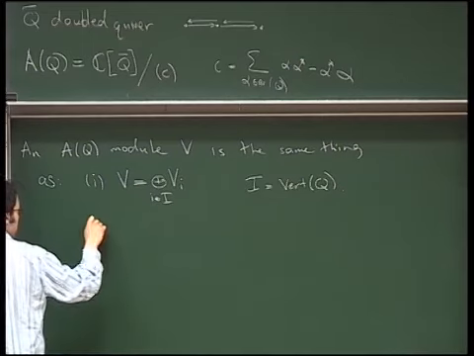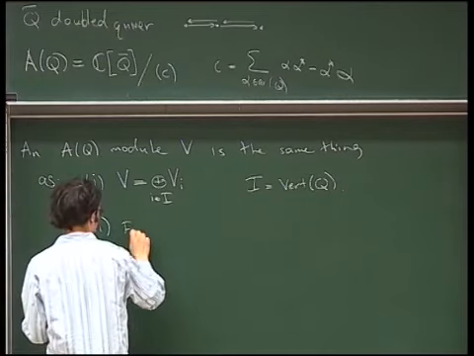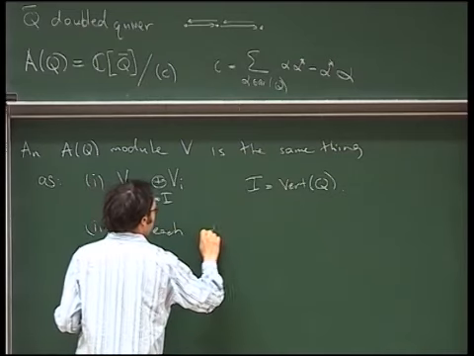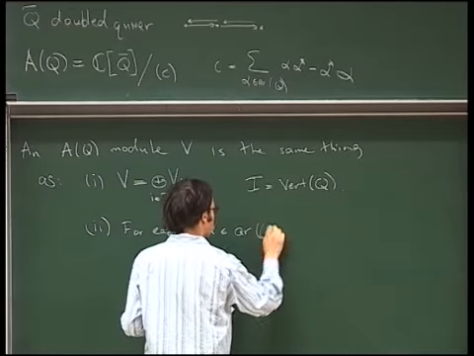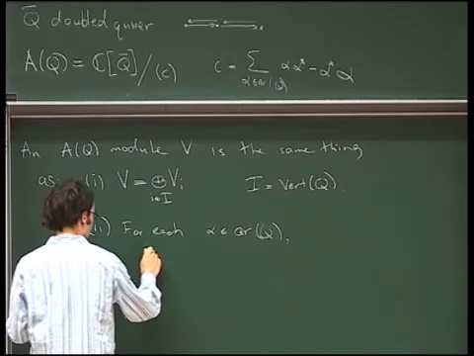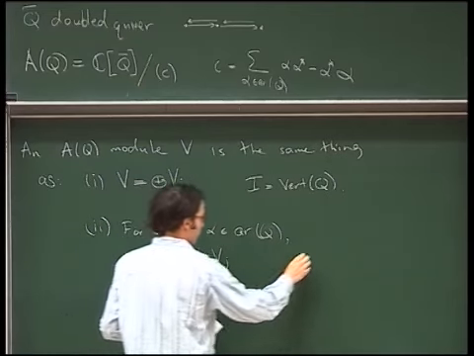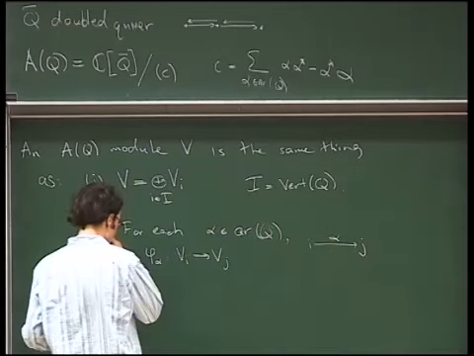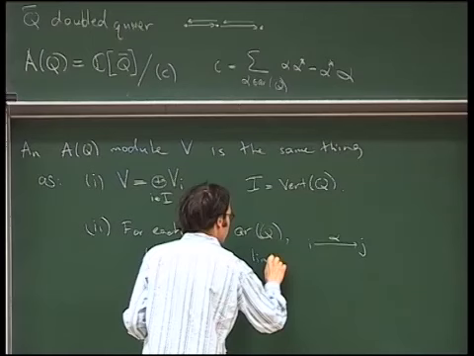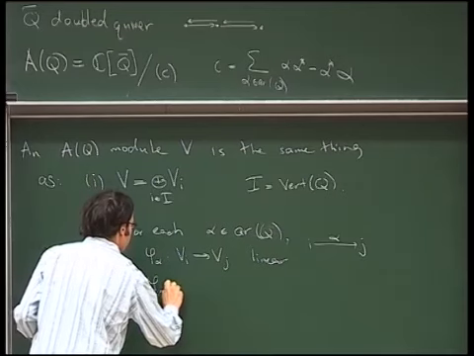And the second piece of data that goes into the module is, for each arrow alpha in the original quiver going from i to j, a linear map, and another one which goes backwards.